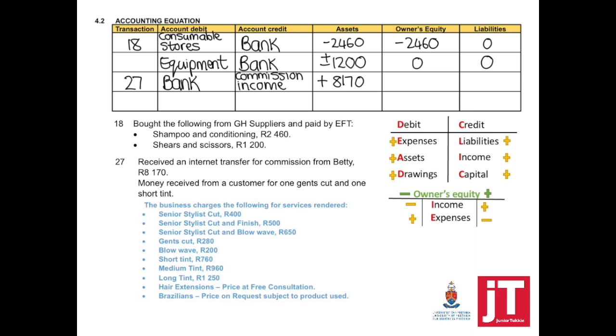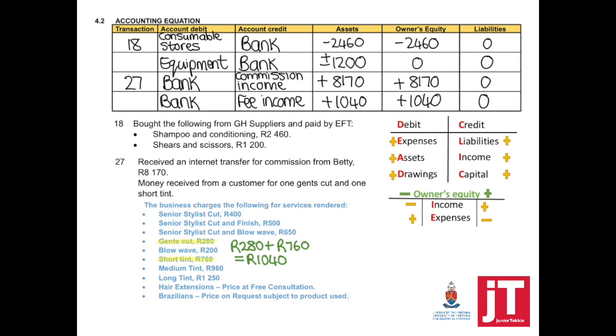Assets plus 8,170, owner's equity plus. Liabilities, nothing. Reminder, customer paid for gents cut, 280, plus short tint, 760, bank debited, account credited, fee income, assets plus 1,040, owner's equity plus 1,040, liabilities, nothing.